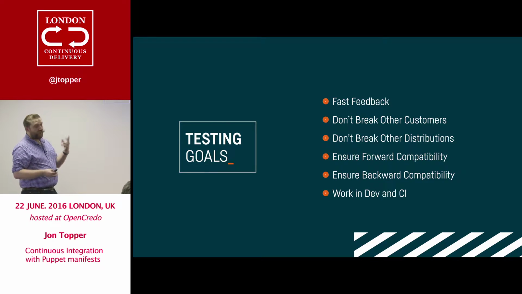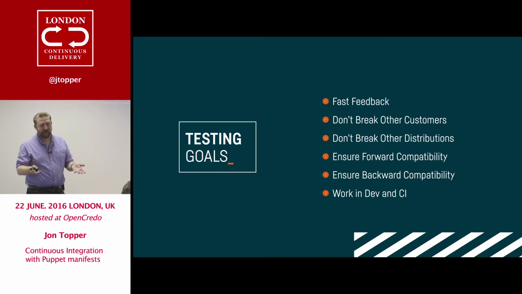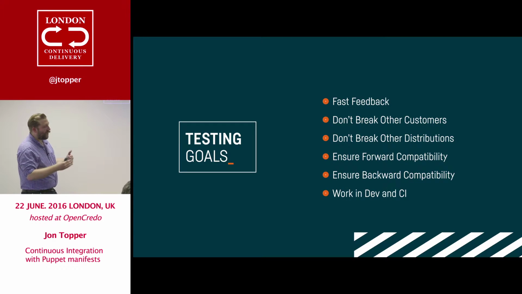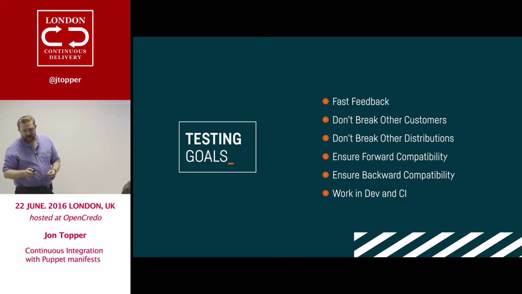So we also want to ensure forward compatibility. By that I mean, right now we're on a late version of Puppet 3. There is a Puppet 4 available, and so some of the testing that we've introduced is testing our Puppet manifests against the syntactical structure and functionality of Puppet 4, so that we can be sure that later on, when we roll all the customers with us onto Puppet 4, that's all going to work out okay, without us having to spend huge amounts of time making things backward compatible.